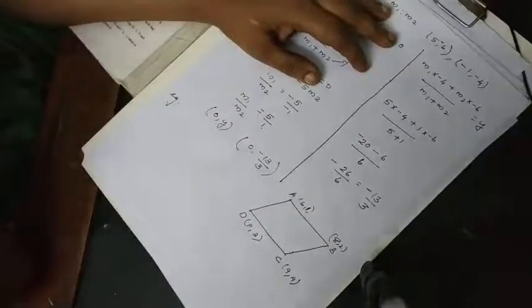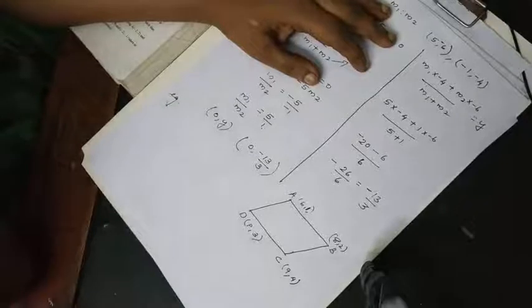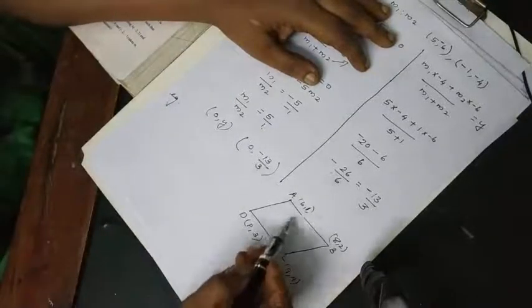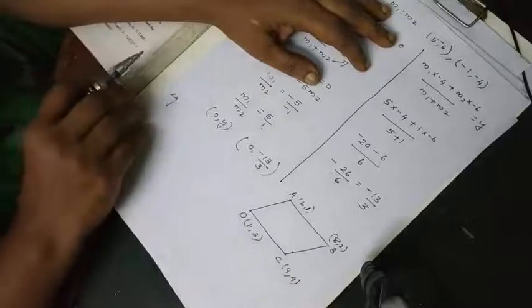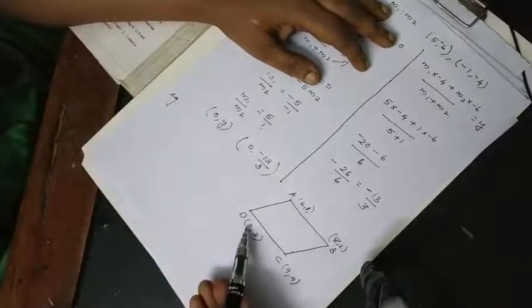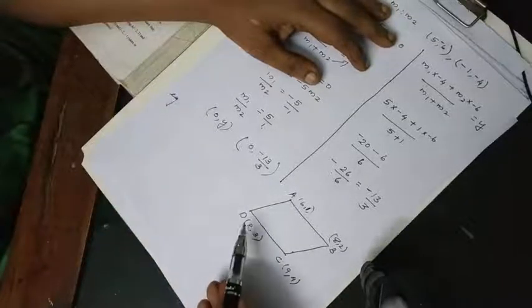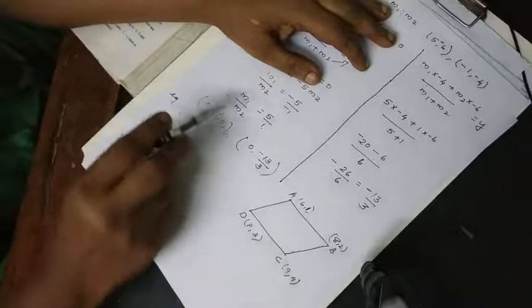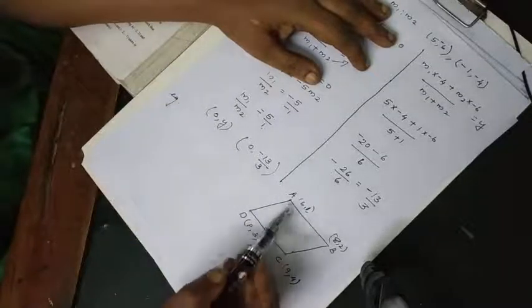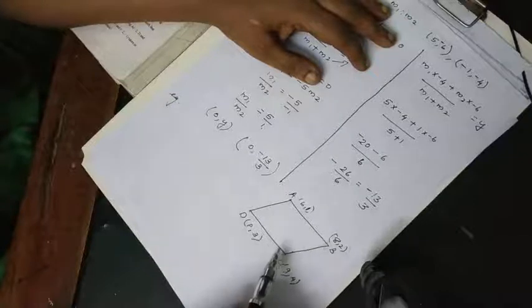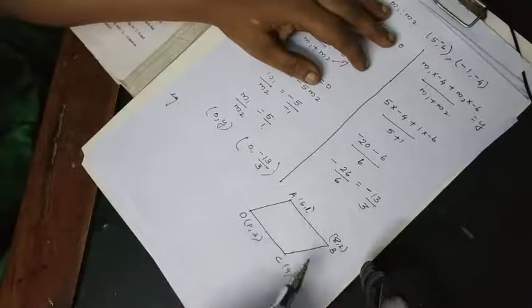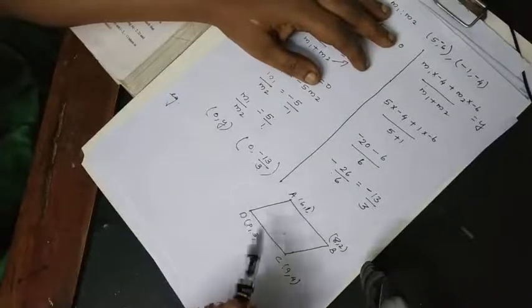Example 10. If the points A, B, C, D are the vertices of the parallelogram taken in order, find the value of P. Now look at this one, ABCD is a parallelogram. You are asked to find out this P, the number P. Now let us recall whatever we have learned in lower classes about the parallelogram.